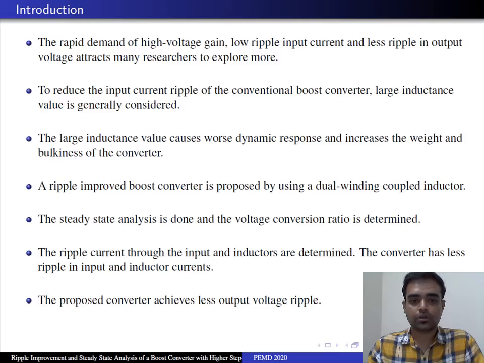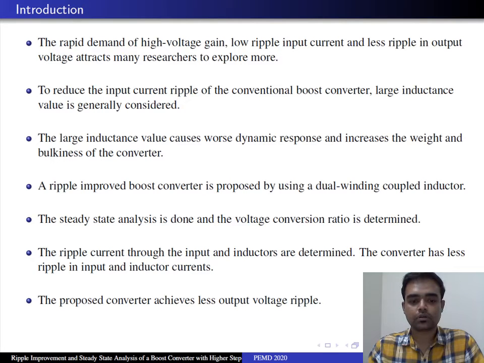So here I'm going to introduce a new type of converter which has a modified voltage conversion ratio, and the ripple in input current, in inductor current, and in output voltage will be less. Therefore the steady state analysis and the voltage conversion ratio of the proposed converter will be discussed in the next slides.